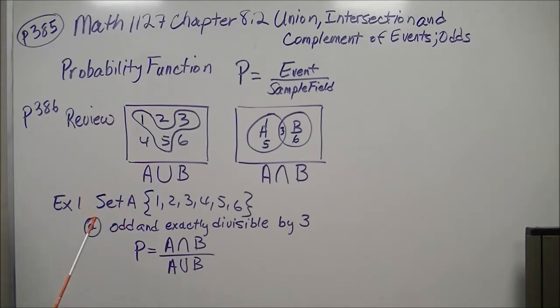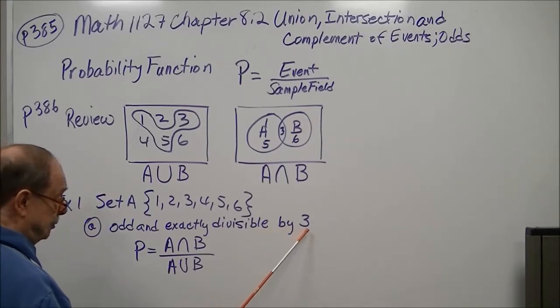Now, what they're asking is, what's the probability that an example of this set would be odd and exactly divisible by 3.